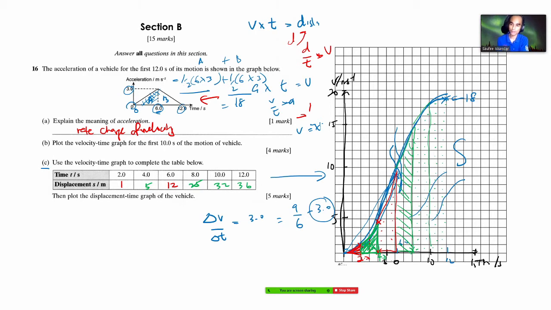Now, if you have done that, you have the displacement and the time, and you can do the displacement-time graph of this vehicle. You can do this one yourself. Same thing: take another graph paper and plot it. This one is very easy.